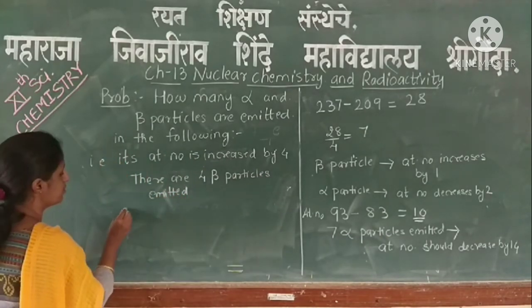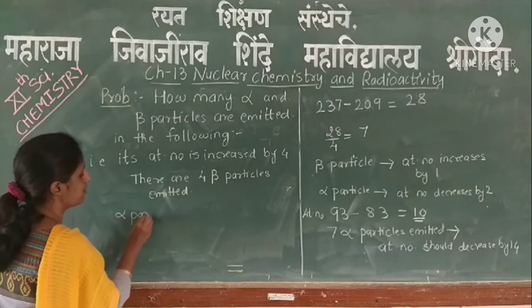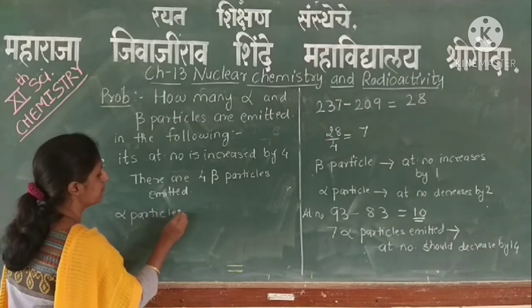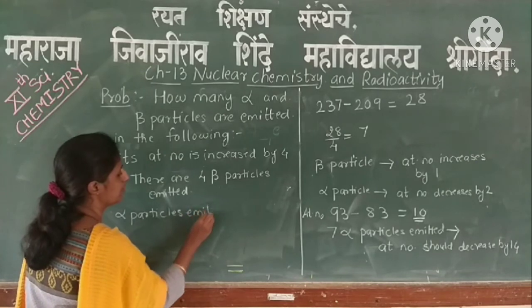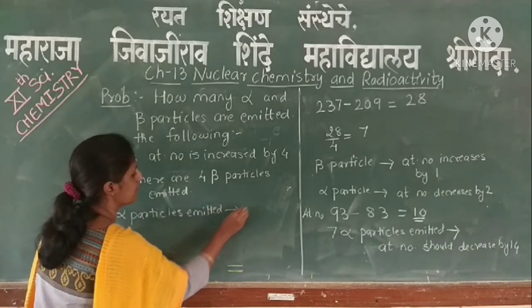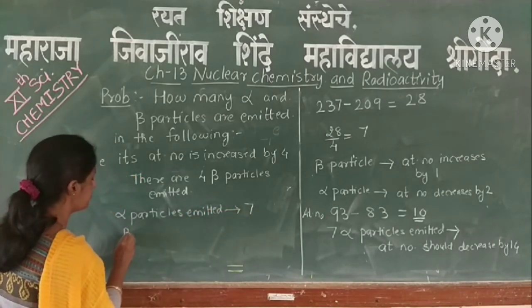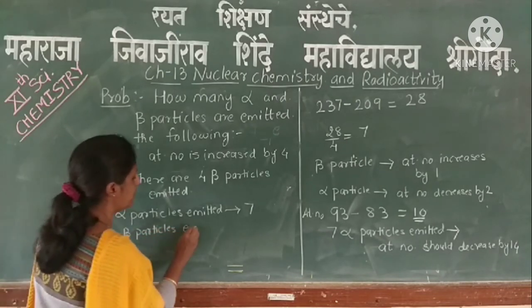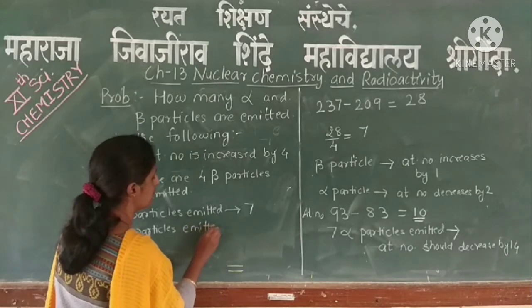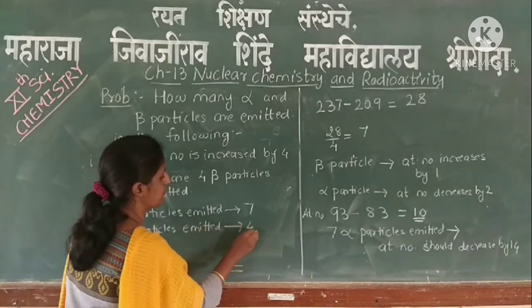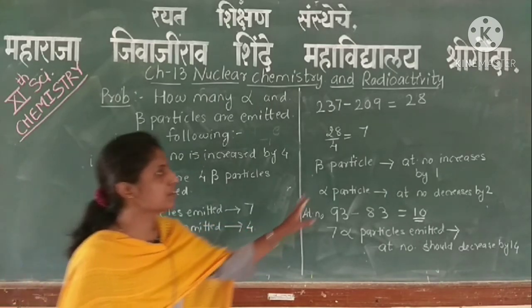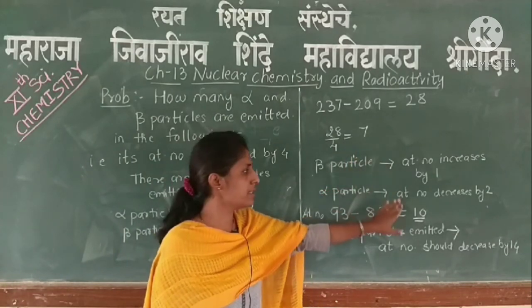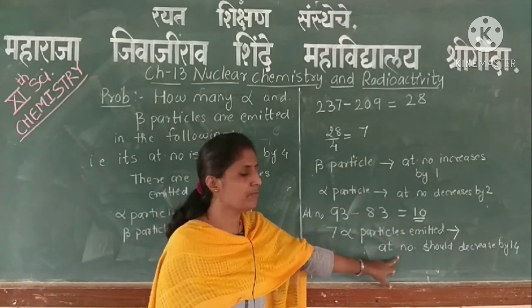Okay, so alpha particles emitted are 7 and beta particles emitted are 4. Okay, understood here? If there were only alpha particles, the atomic number would have decreased by 14.